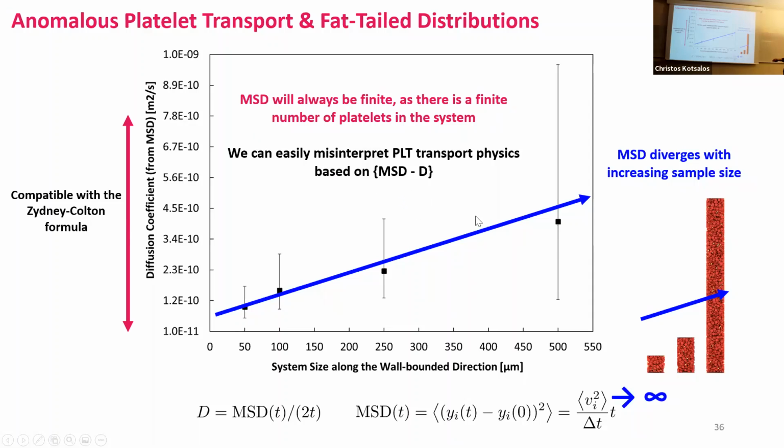So we can take these systems, extract the diffusion coefficient, and since it is compatible with the Zidnik-Orton formula, we could say that everything is okay. But if we dive a little bit deeper and see how the mean square displacement behaves with increasing computational domain, we will see a divergent behavior, a behavior that is more compatible with Levy flights and not with diffusion processes.